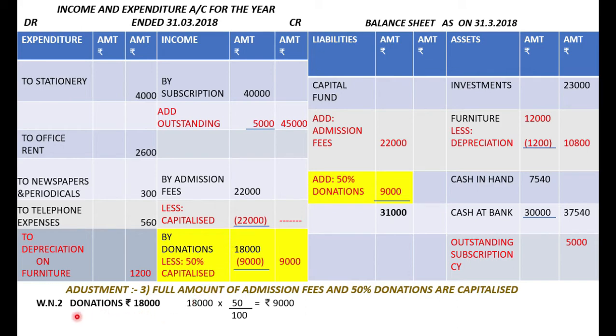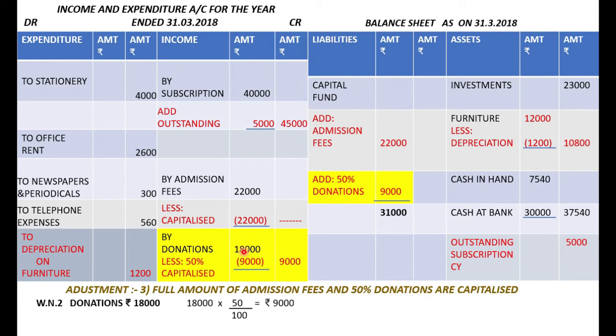See the working note number 2. 18,000 multiplied by 50 divided by 100 will give us rupees 9,000. So this 9,000 will be subtracted from the donations, less 50% capitalized, 9,000, outer column 9,000. This is our first effect of 50% donation capitalized.